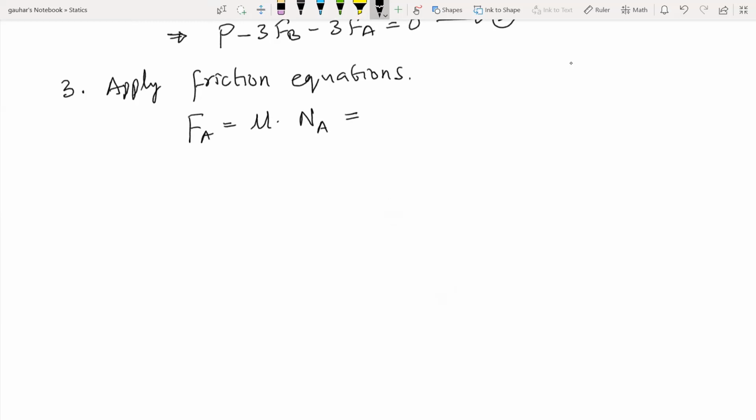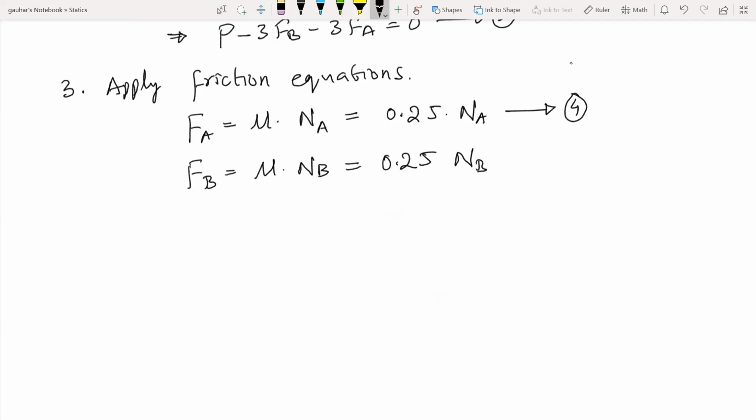Mu is 0.25, so you get 0.25 times N sub A. Okay, so this is your equation 4. Now at point B, F sub B equals mu times N sub B, which is 0.25 N sub B. This is your equation 5.